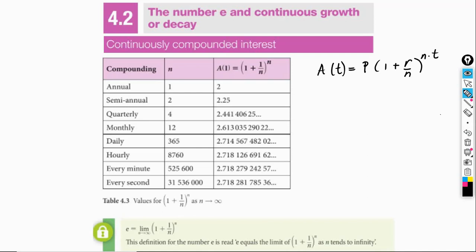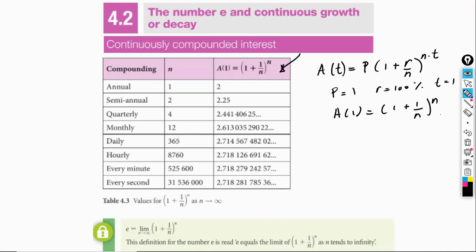Then, for the sake of simplicity, let's make p equal to 1. Let's make the rate 100%, and let's make the time period 1 year. So then we could rewrite this as A of 1 is equal to 1 plus 1 over n to the power of n, which is what we can see here.